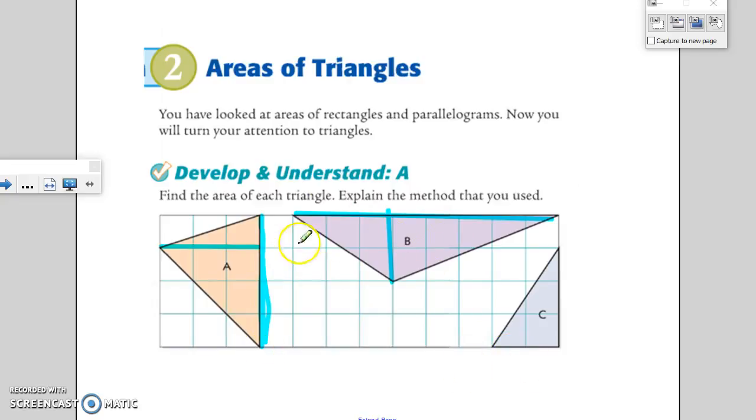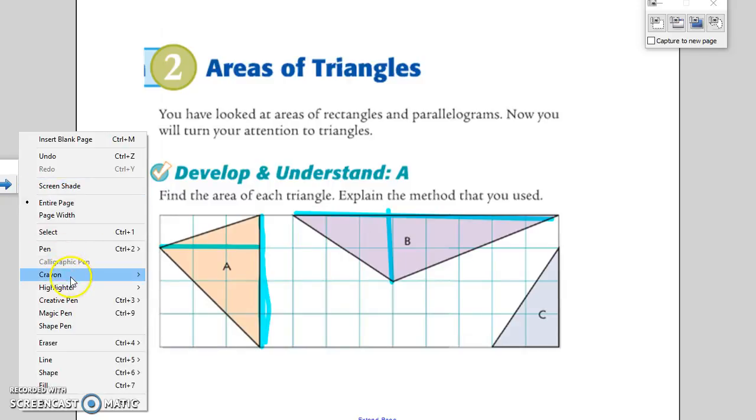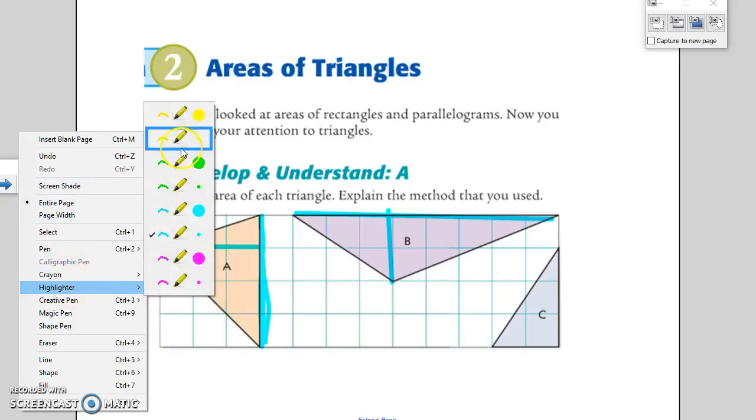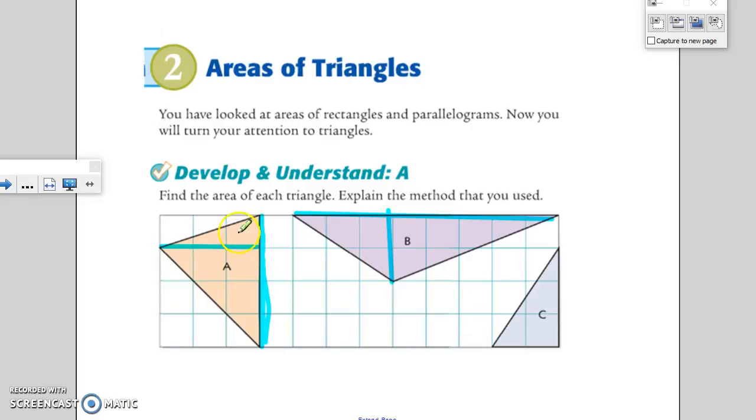And once, by the way, you divide it into these pieces, you can really see the half. If we, for example, switched highlighter colors for a second, we would see that this triangle that's been sort of cut off is half of this rectangle, right? And this part of the triangle is half of this rectangle. So we can really see where that half of the parallelogram thing comes in if we've got it on a grid like this.